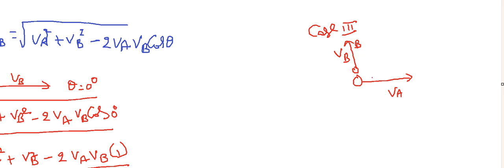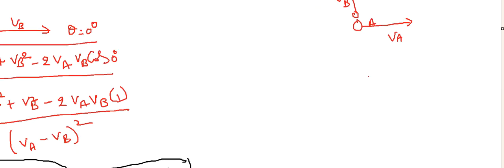This is our A. Now the concept is same. Our VAB bar is equal to VA bar minus VB bar.